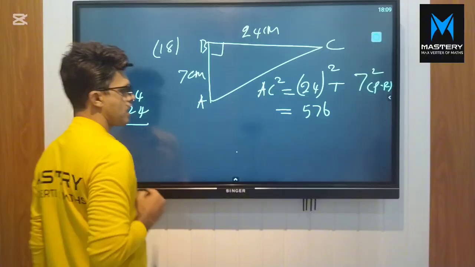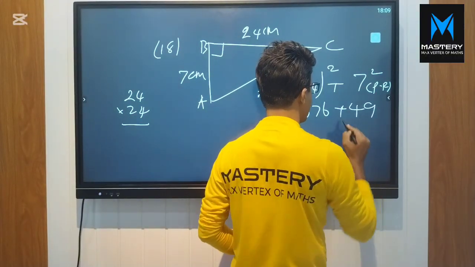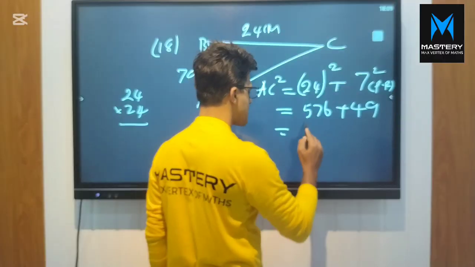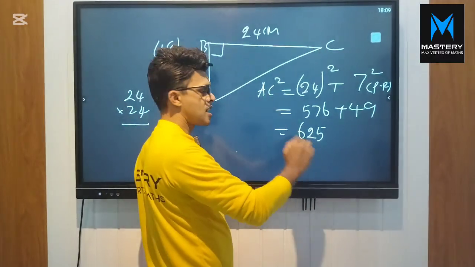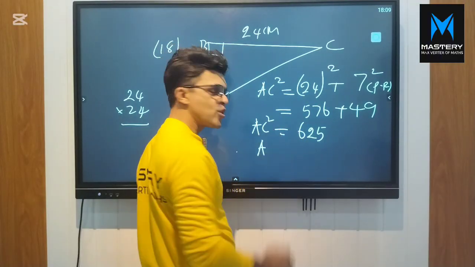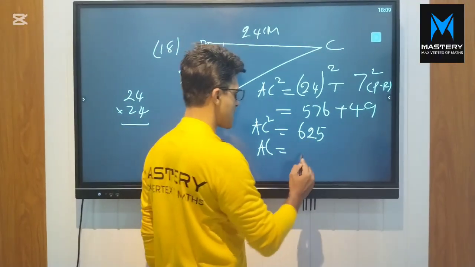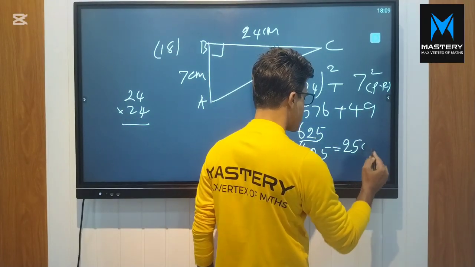I do not do that right now because it passes time, but you can do that. When you add these two numbers, you get 625. So AC squared is 625, and we take the square root of 625, which is 25. So AC is 25.